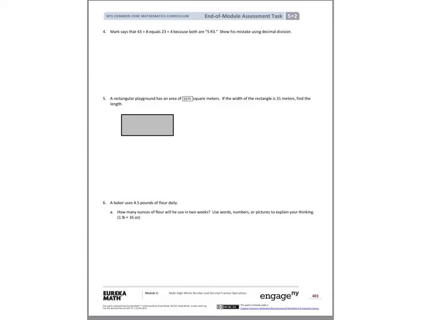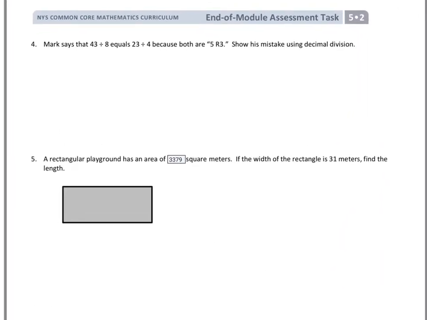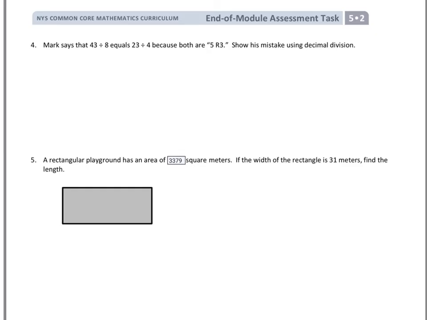Problem 4 states, Mark says that 43 divided by 8 equals 23 divided by 4 because both are 5 remainder 3. So let's go ahead and do our decimal division. We have 43, and we're dividing that by 8. 8 will not go into 4, but it will go into 43.